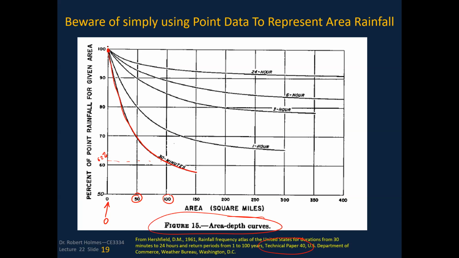So if I'm trying to extract the point data and use it for an aerial estimate of the rainstorm, you can see that it really degenerates as I cover more and more area.